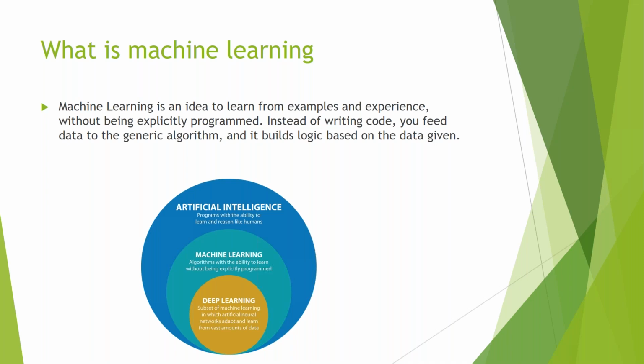So instead of writing code, you can feed data to a generic algorithm, and it builds logic based on the data given. So how is it different to artificial intelligence and deep learning? I have given a visualization here. Deep learning is a subset of machine learning, and machine learning is a subset of artificial intelligence.